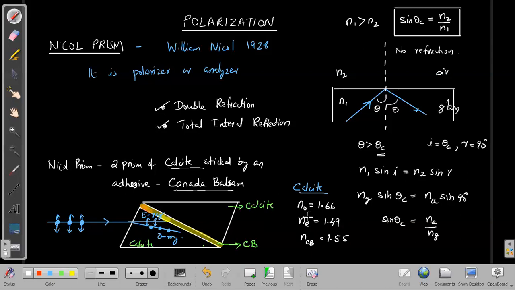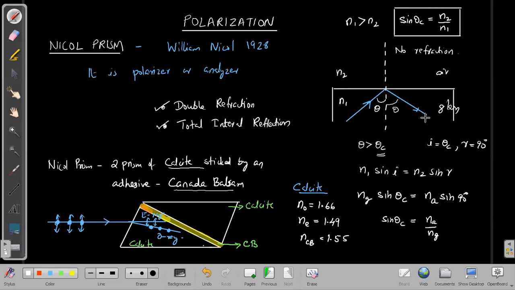So if you look at this calcite crystal, the ordinary ray and extraordinary ray have different refractive indices. The ordinary ray has a greater refractive index, about 1.66, and the extraordinary is 1.49. And Canada balsam has a refractive index of 1.55. It is in between the refractive indices of ordinary and extraordinary. So when the light moves from the calcite to Canada balsam, the ordinary ray is traveling from a denser medium to a rarer medium.